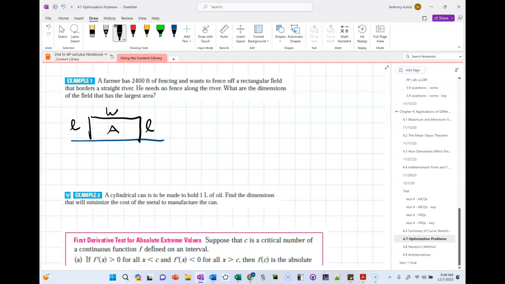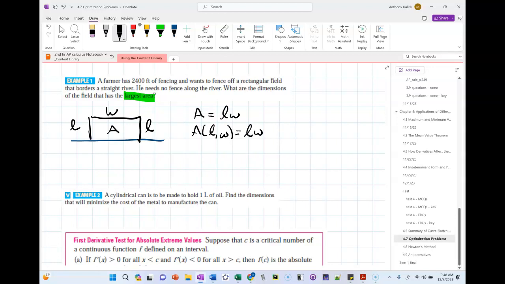So what is the quantity that we want to maximize? Because we're looking for the largest area. So I want to write an area function. How would I find the area here? Length times width. Now there's a little bit of a problem there, because length and width are both variables.